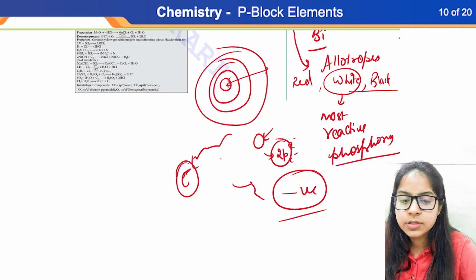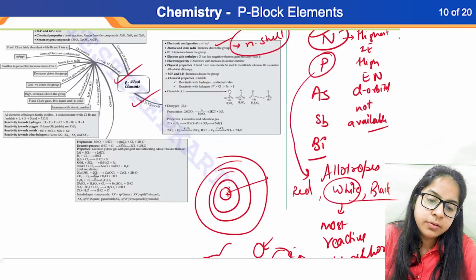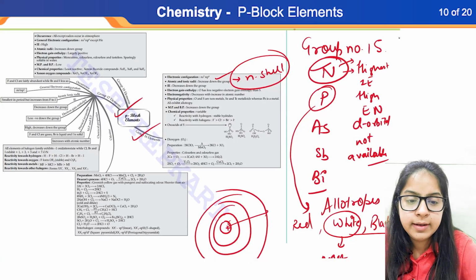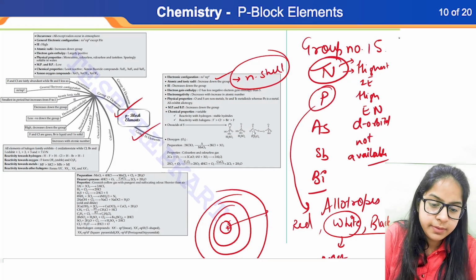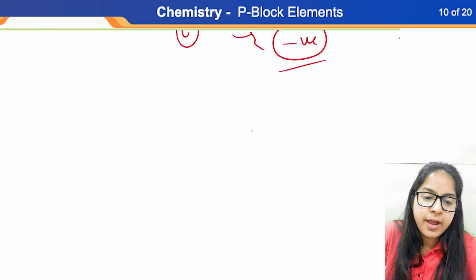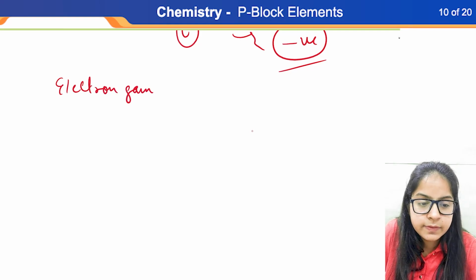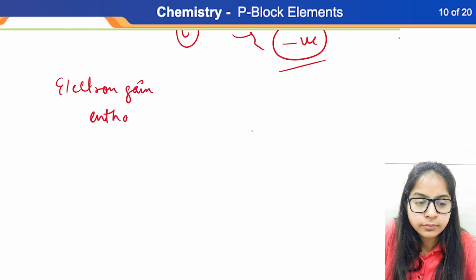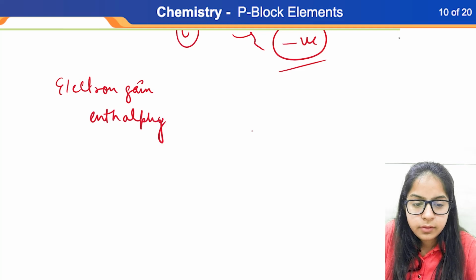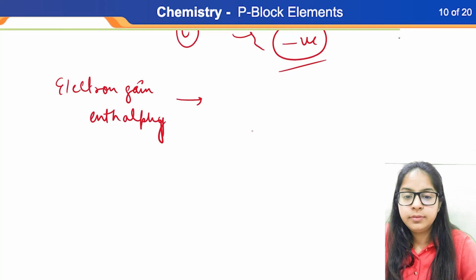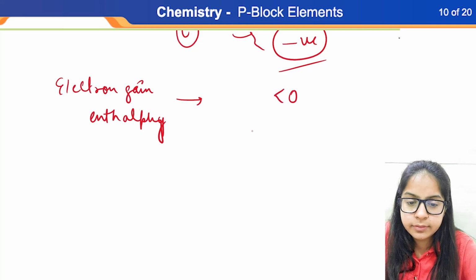The electrons are going to repel each other. That's why oxygen is not going to attract the electron. So oxygen has less electron gain enthalpy. Now the trend for the electron gain enthalpy in this group is very important. This is the electron gain enthalpy trend.